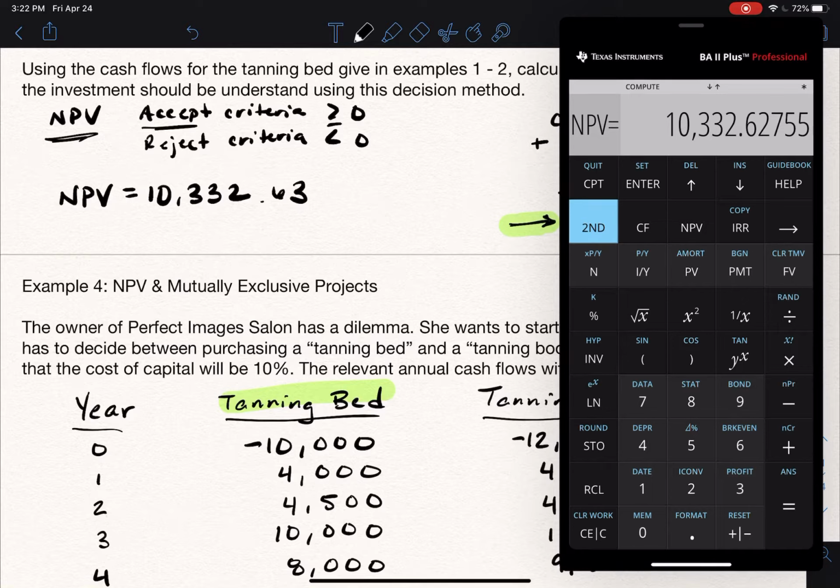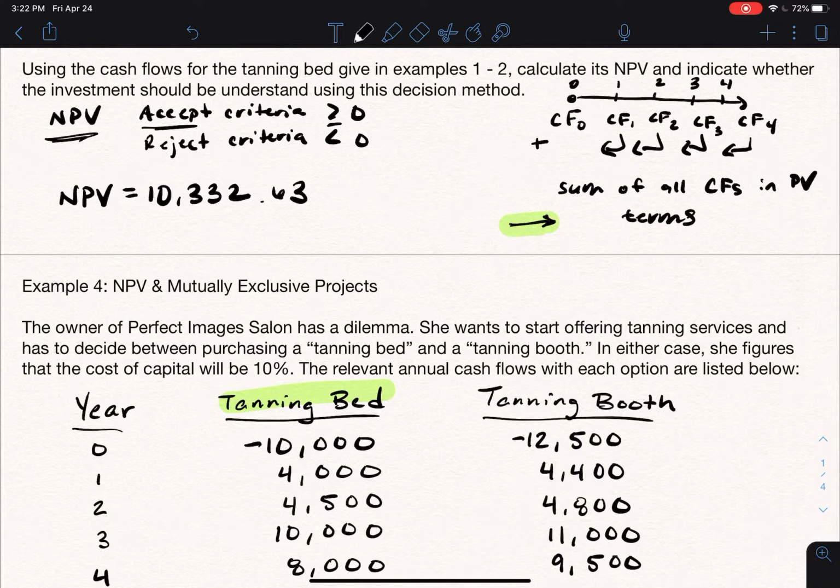And so what does that mean? It means, let me move my calculator out of the way for a second. It means that if we discount all cash flows back to time 0, and then add them up, right, that the net present value, when we add them all up, is this amount.